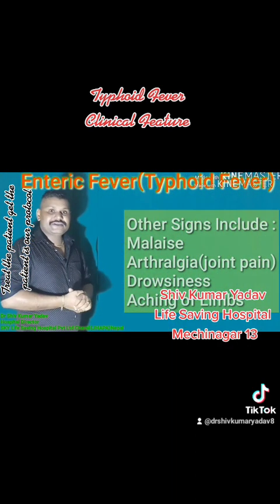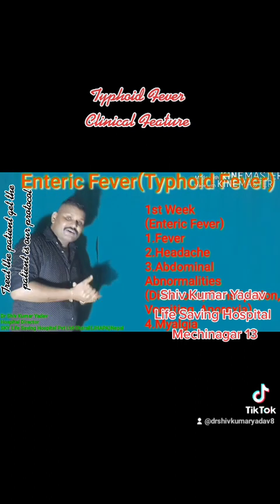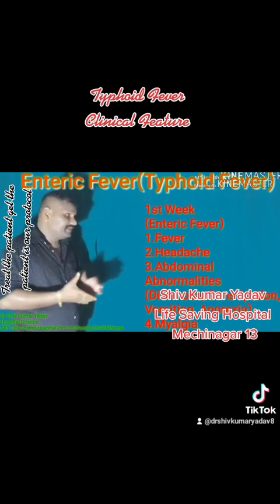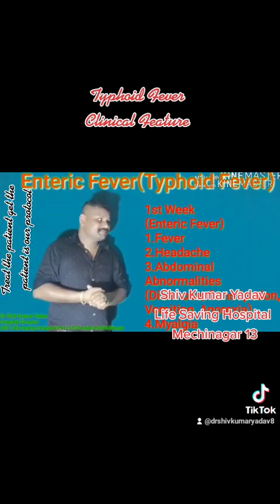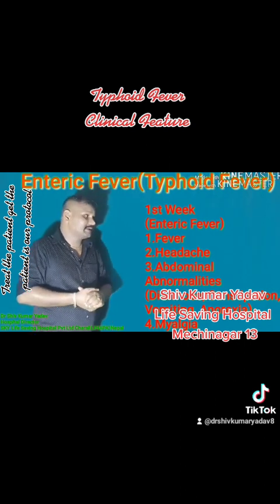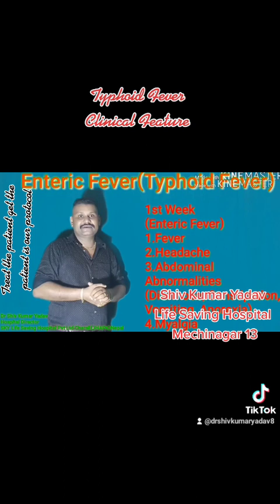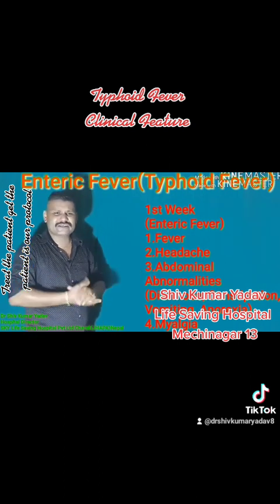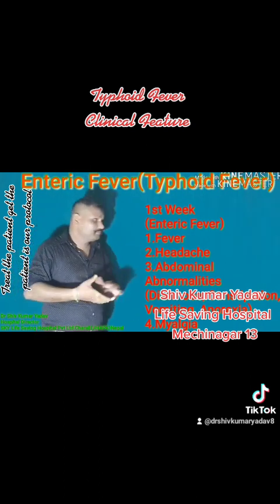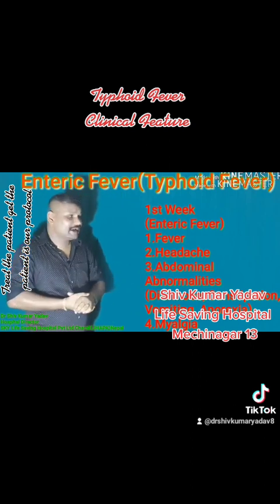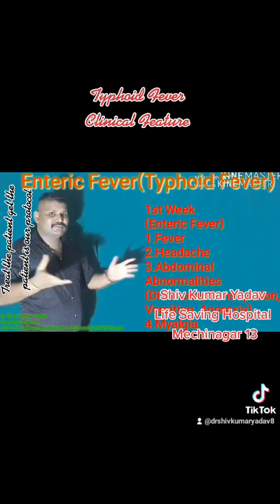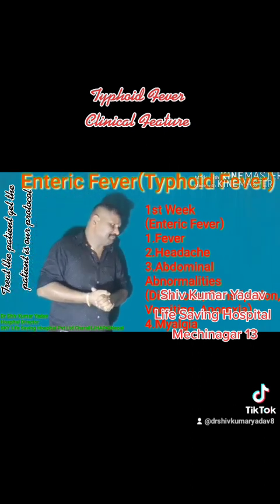In case of enteric fever, in the first week, what does the patient feel? The patient feels fever associated with headache, associated with abdominal abnormalities. Might be diarrhea, might be constipation, might be vomiting, might be anorexia. And one more sign is myalgia.